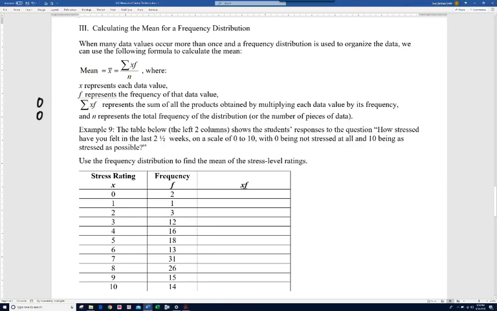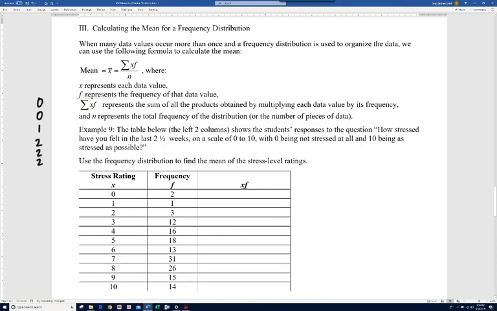First of all, I'm going to write, notice in the table the value 0 has a frequency of 2. So what we're really saying is there's two data values of 0. And the value 1 occurs once. And so I'm going to put a 1 there. And the data value 2 occurs 3 times. So I'm going to write 3 2s.